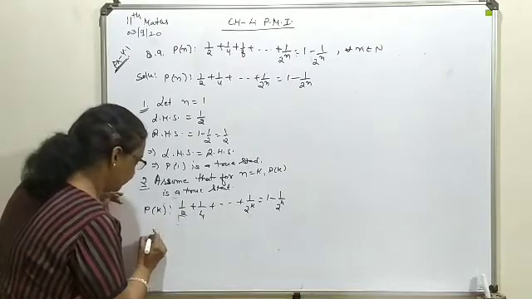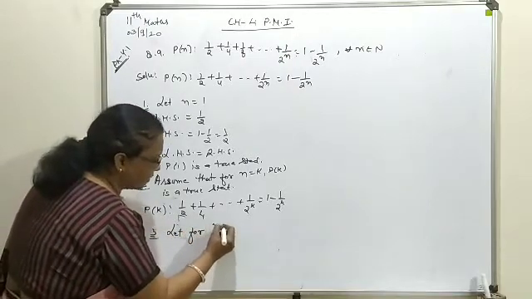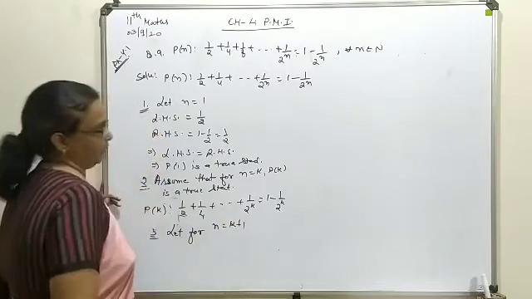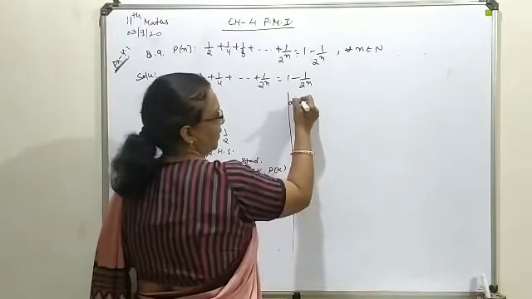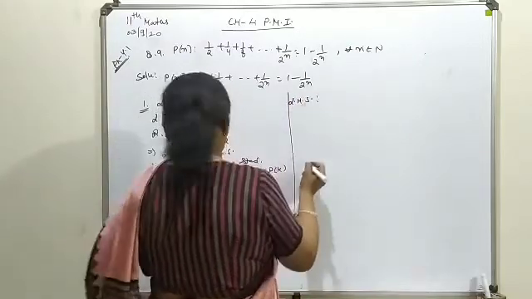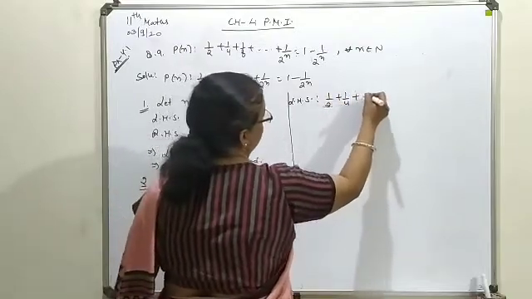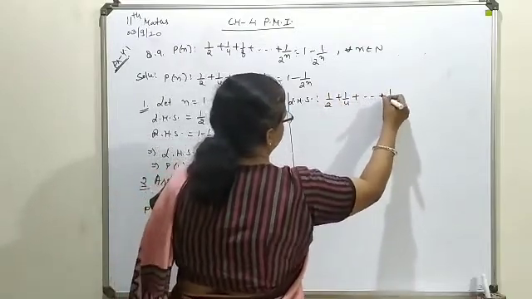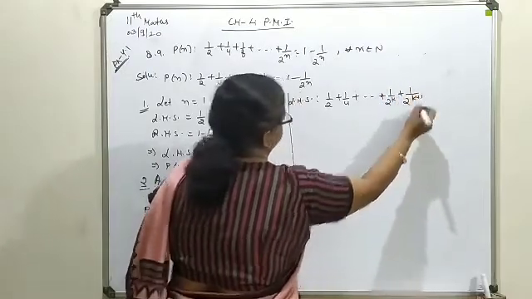So third step, let n is equal to k plus 1. So left hand side here you will have 1 upon 2, 1 upon 4, up to the kth term and the k plus 1 term.